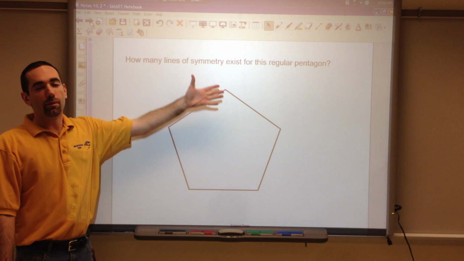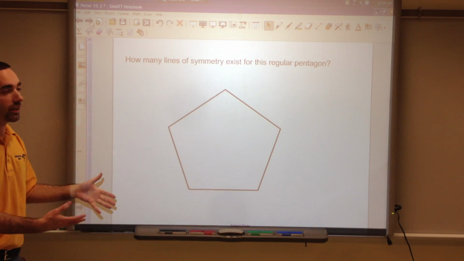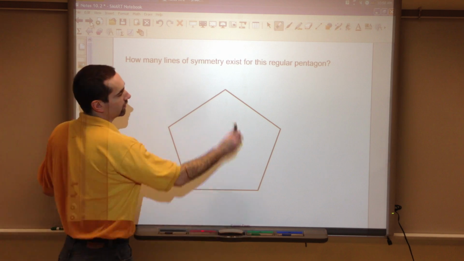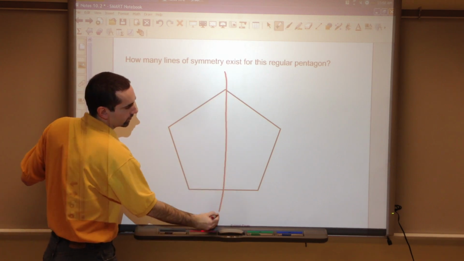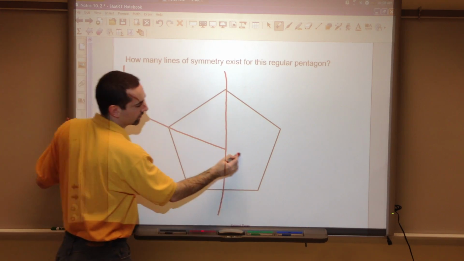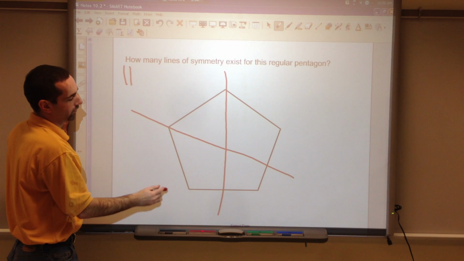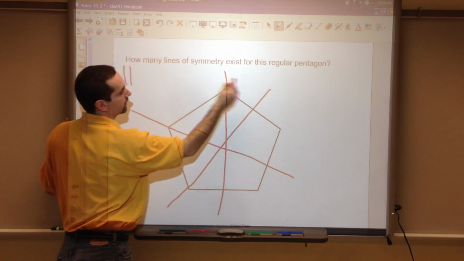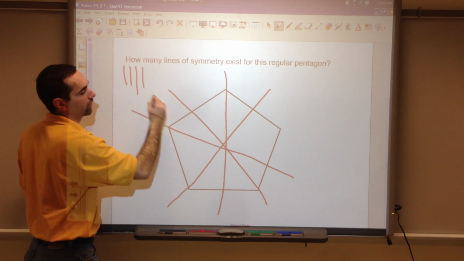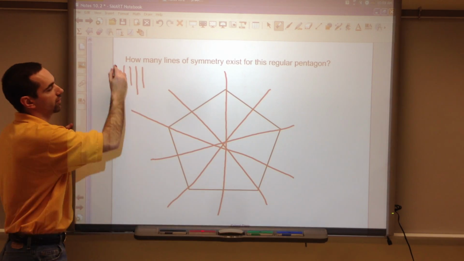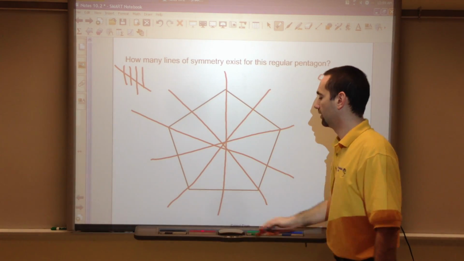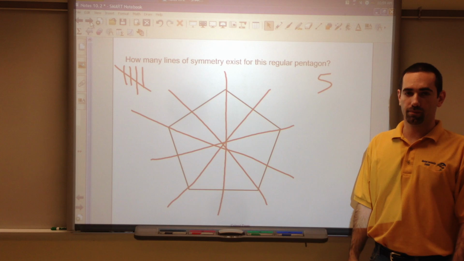Now, how many lines of symmetry exist for a shape like this, which is a regular pentagon? Well, I can fold here, so that's 1. I can fold here, that's 2. I can fold here, 3. I can fold here, 4. I can fold here, 5. A regular pentagon has 5 lines of symmetry.